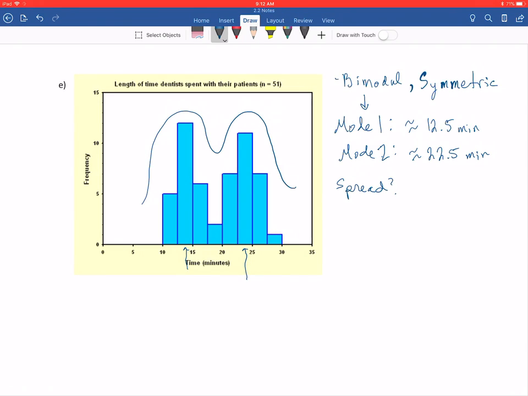As far as spread goes, when I think about making a dentist appointment, spending anywhere between 10 to 30 minutes doesn't really seem like a lot of difference to me. I would have built time into my schedule to be there for any of those lengths of time. It wouldn't surprise me to be there somewhere in that category. So I don't really feel like there's a lot of spread here. So I would call this one small spread.